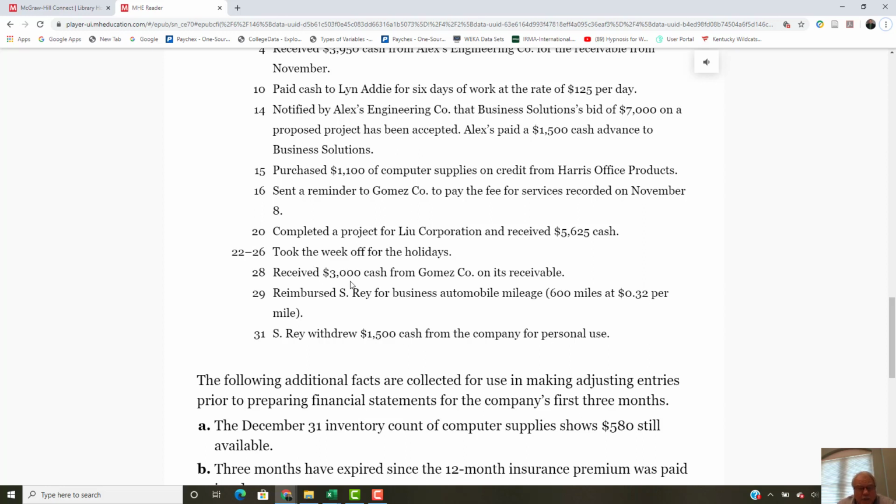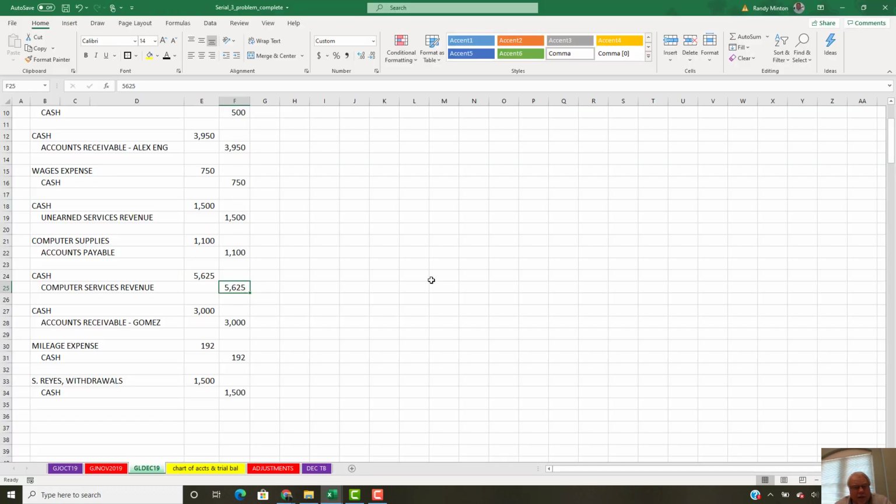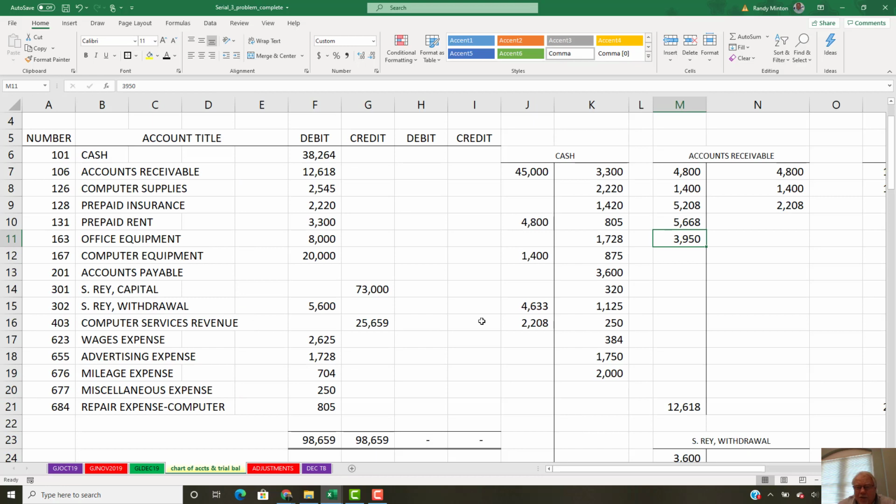On the 28th, we received $3,000 from Gomez on its receivable. If you look over here, you see that we reflected cash coming in and accounts receivable going down. Now, if you remember, and I hesitate to do this because it always seems hard to get back to it, here was that original receivable.